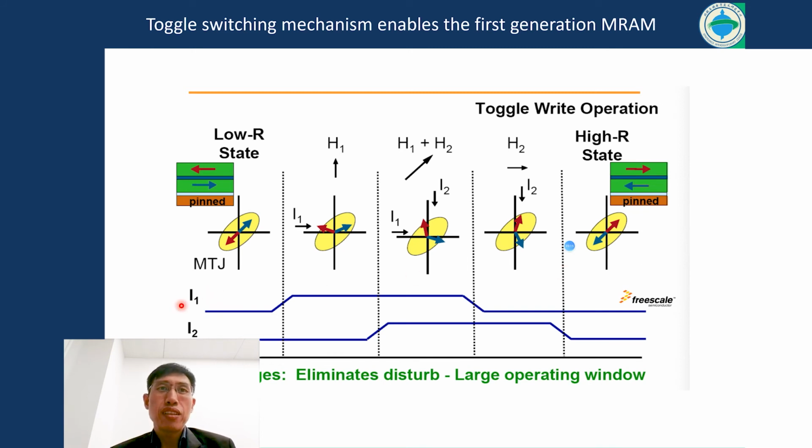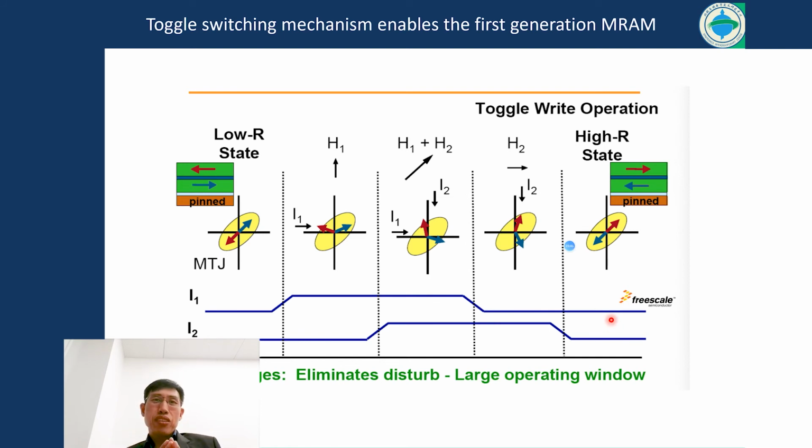We first send one current, and then after one pulse, one duration, we send the second current to generate an interplay of two currents generating one magnetic field, and then we eliminate one, and at the last we eliminate both currents.